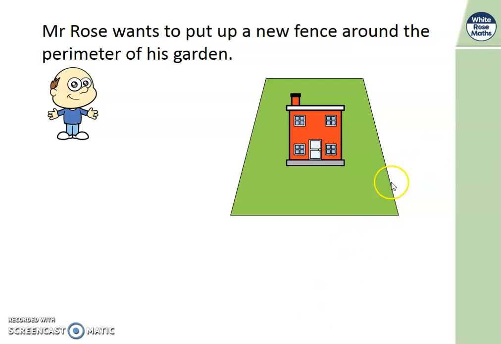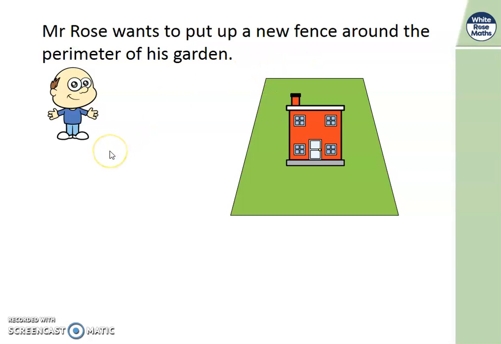To help us think about perimeter, we're going to think about it in a word problem. Mr. Rose wants to put up a new fence around the perimeter of his garden. Can you work out from that clue what perimeter might be? Yes, perimeter means all the way around the outside edge of the shape. So here it's the outside edge of Mr. Rose's garden.